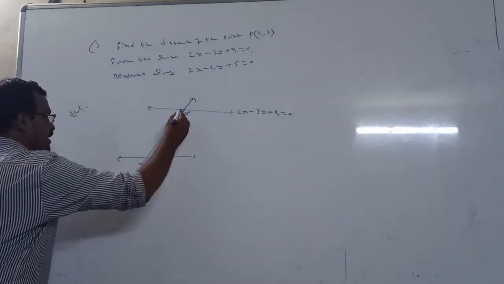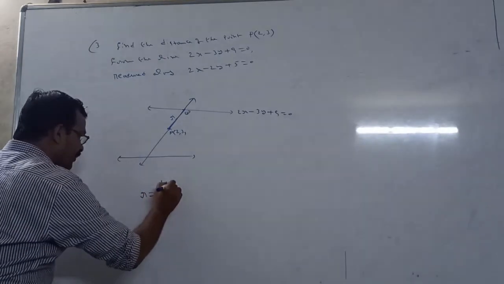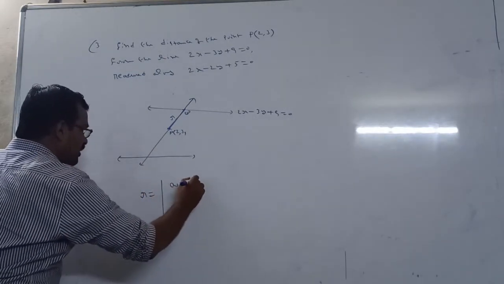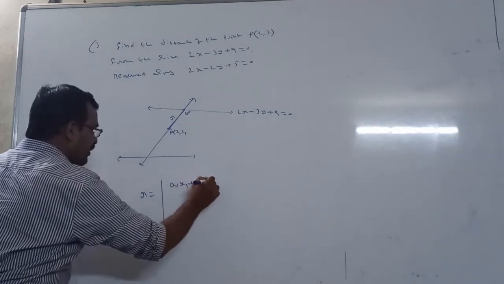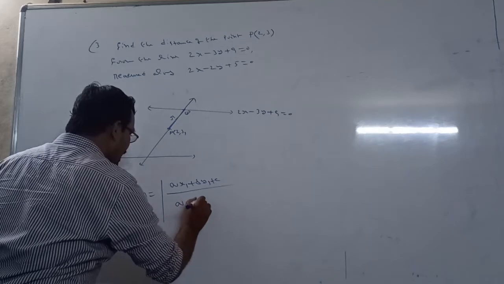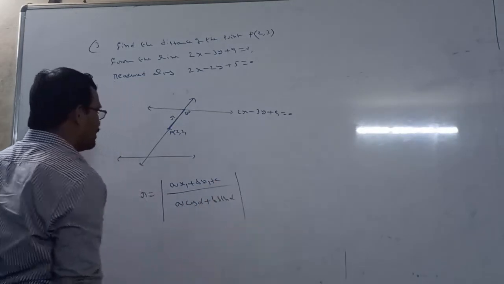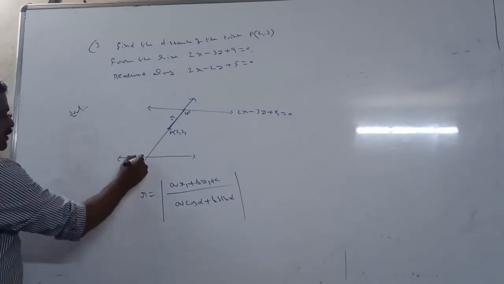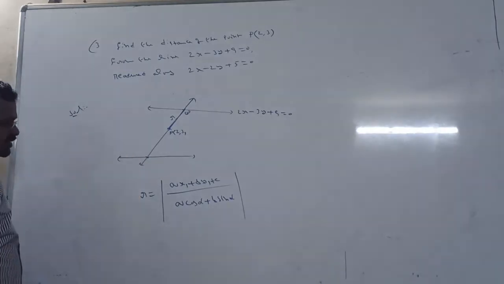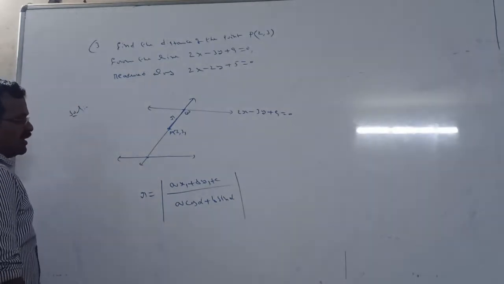That is, the distance small r equal to modulus of (ax1 plus by1 plus c) by (a cos alpha plus b sin alpha). Without using the parametric equation, this formula is one of the important formulas in the objective model.